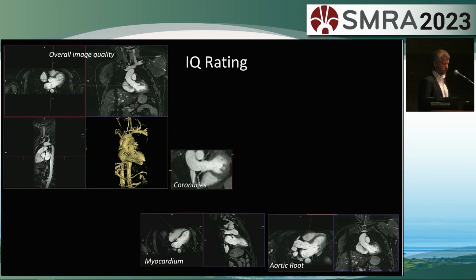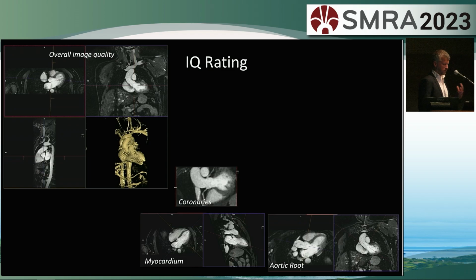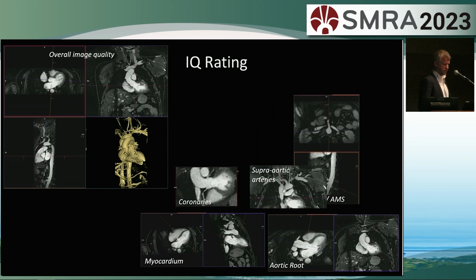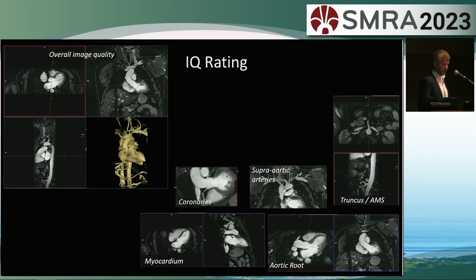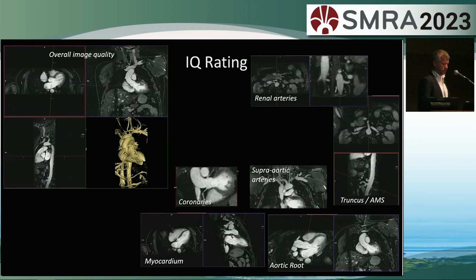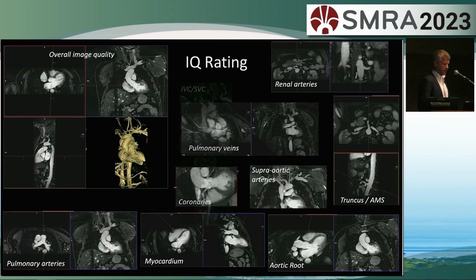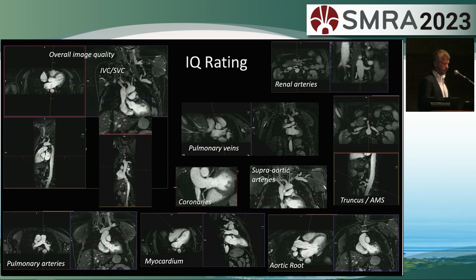Although this isn't a scan specific for coronary arteries, we also decided to rate the coronary arteries, the distal and the proximal parts. The supraaortic arteries were rated, the truncus and the SMA, the renal arteries, the pulmonary arteries, the pulmonary veins, and finally also the inferior and superior vena cava.